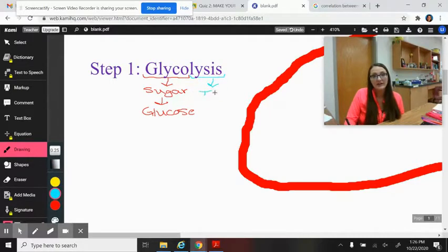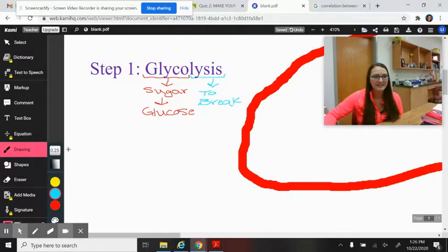So to break. And so even without ever hearing the word glycolysis before, if you can break it into stem words or root words or prefixes or suffixes, you can already know what's going to happen. So what's going to happen is we're going to take glucose and we're going to break it. And that's all glycolysis is. So it's awesome. It's very simple in that way.